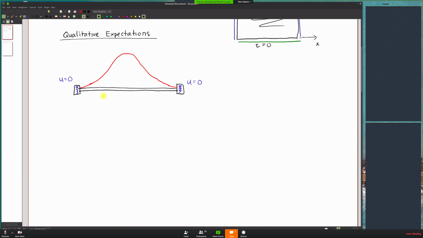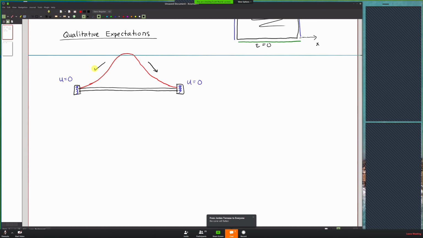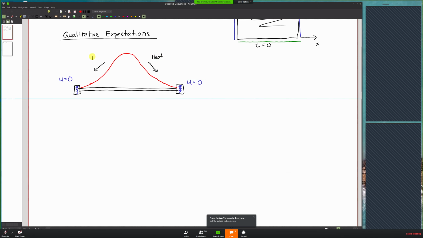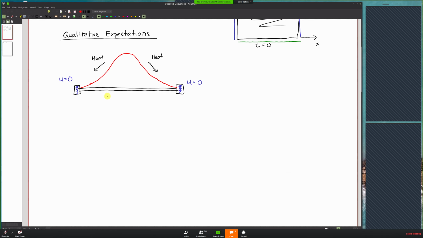If I were to sketch what this looks like in 1 minute. Okay, we expect heat to flow this way. The curve will flatten. Flatten the curve. Hashtag flatten the curve. But the edges will come up.